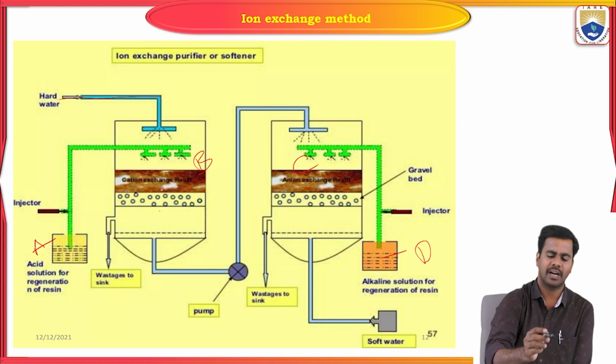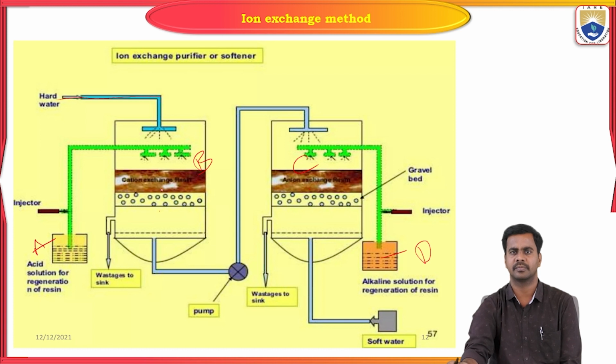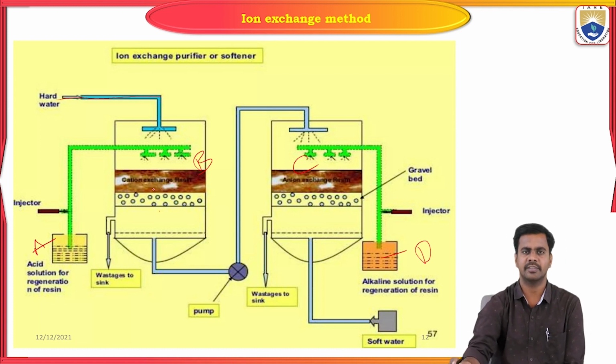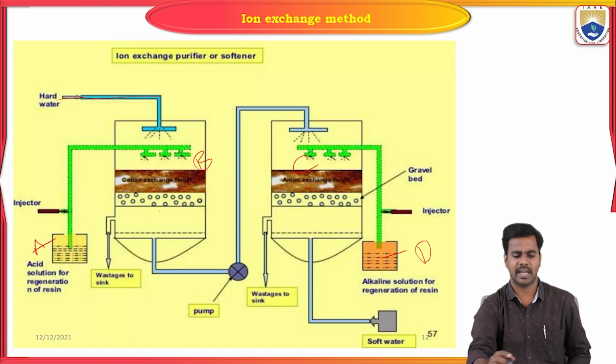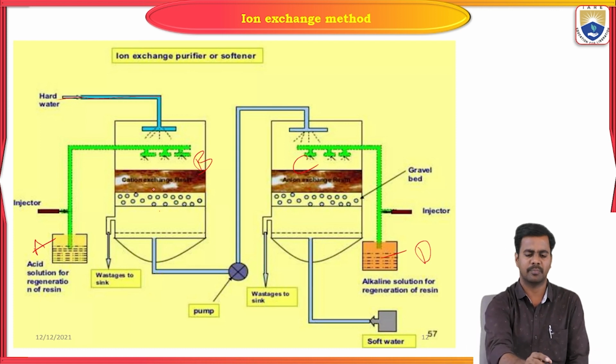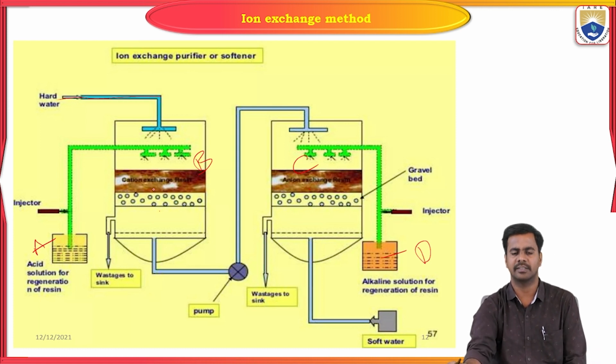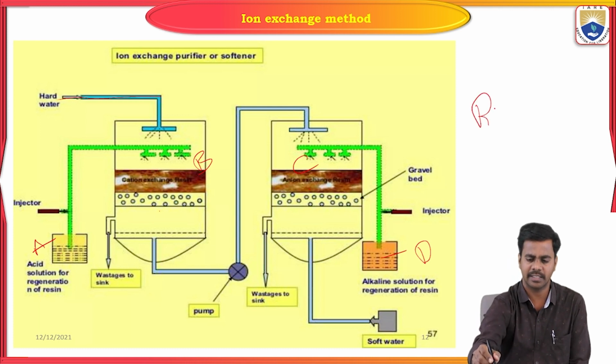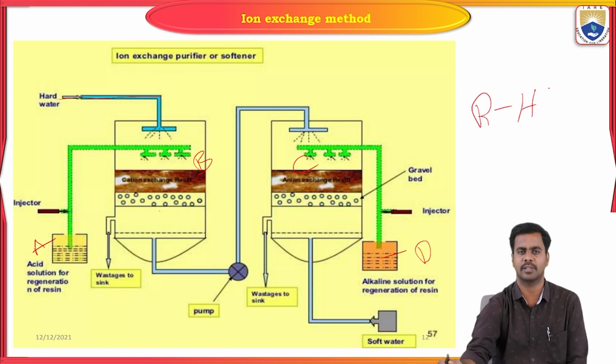So when you are passing hot water through the cationic exchanger, whatever cations present in the hot water are removed by or replaced by the H plus ion present in the cationic resin. So we know that cationic resin is represented as RH plus.